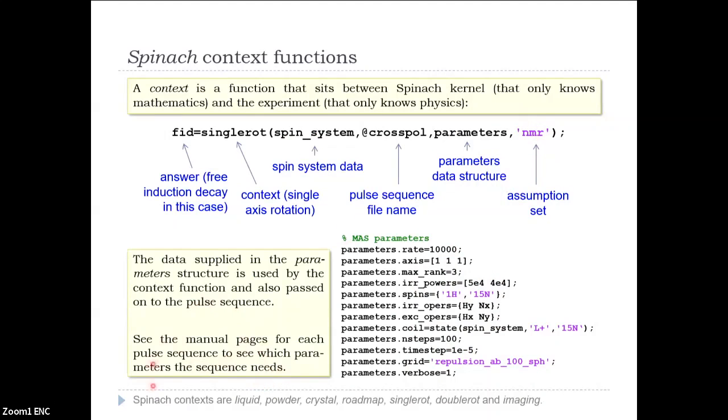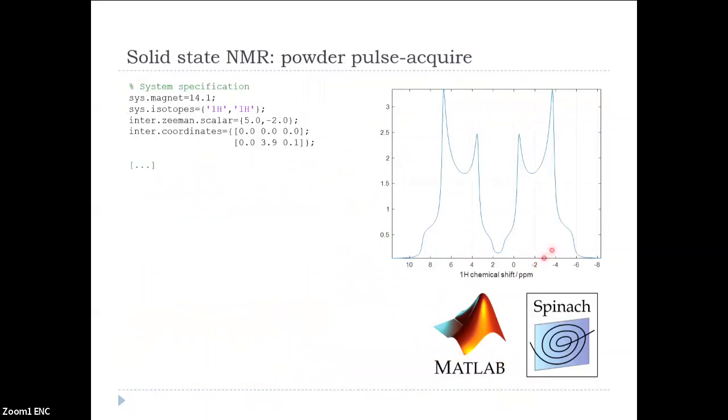So in essence, you look at the manual pages and it's all there, and the program takes care of everything, including the powder average. You simply specify which grid, and you simply increase the size of that grid until the answer stops changing.